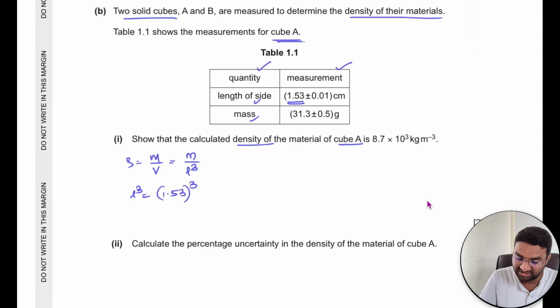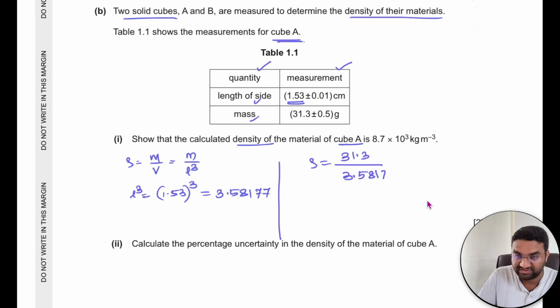Here the length of each side of the cube is given. So this will be 3.58177. And if you substitute here, rho is equal to mass, 31.3, upon 3.58177.